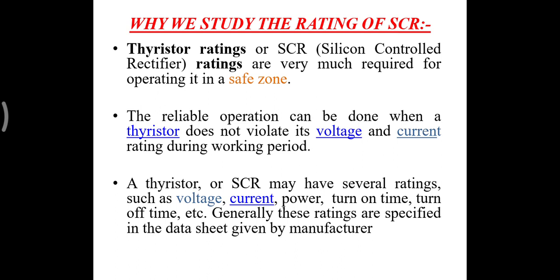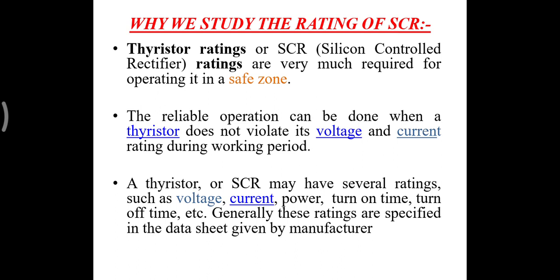The next thing is the safe zone of operation. For the safe zone of operation, the rating is also very important. Take another example: our load is a maximum of 5 amperes, but the SCR is rated at 20 amperes.